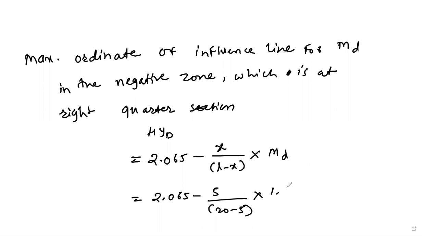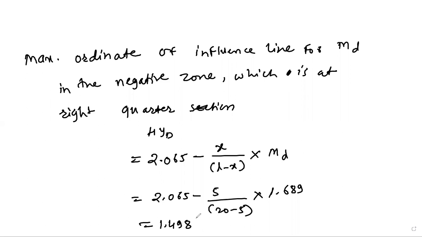Point 1 was 1.689. To find out the value of maximum ordinate of influence line for EMD in the negative zone, how much is it? 1.498. Why have I calculated this?